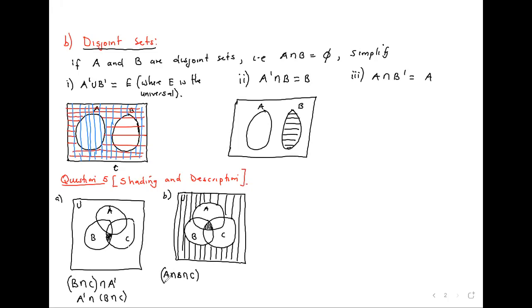So we start with it. The middle part there, A intersection B intersection C, has been shaded, plus the area outside A, B, C. So we'll say union, which is plus, A union B union C complement.